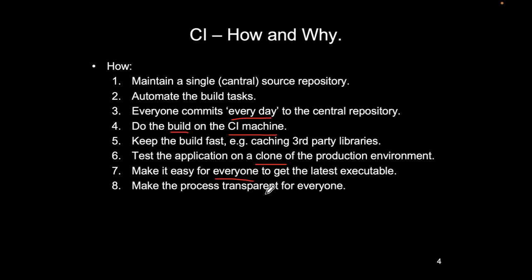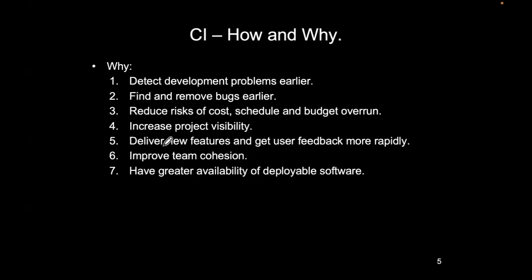So that's the how, and the why we've kind of already covered, but to quickly go through them. To detect development problems early, to find and remove bugs as early as possible, reduce the risk of cost, because the later bugs are detected in the whole development process, the more expensive they are to remove.